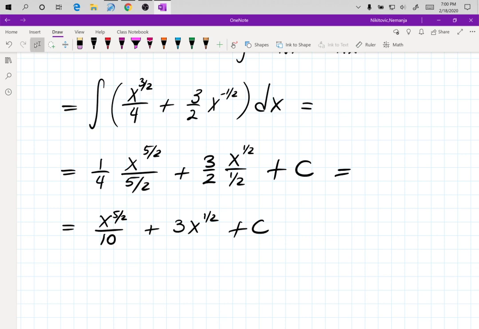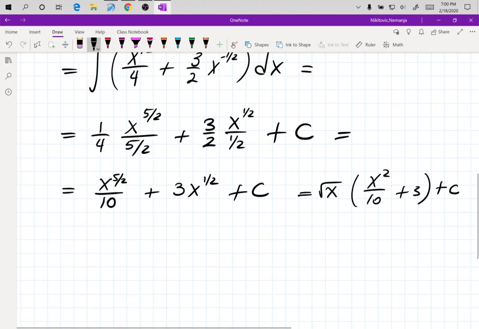Then you factor out square root of x. It's mathematical flexing, right? Because you can. You factor out root x, you get 5 into 4 over 2, so you get x squared over 10 plus 3 plus c. That's the boss right there. But both of these are full credit.